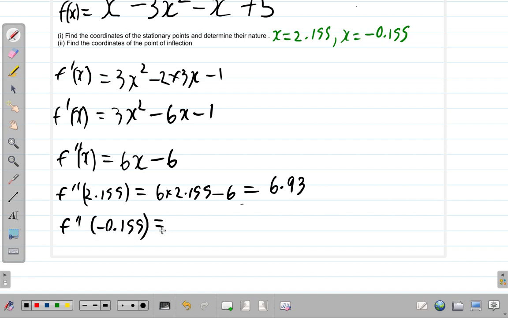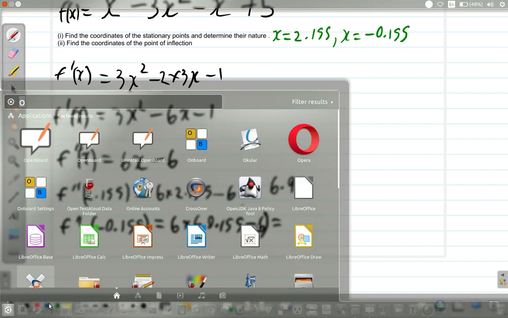What is that equal to? It's going to be 6 times negative 0.155 minus 6.